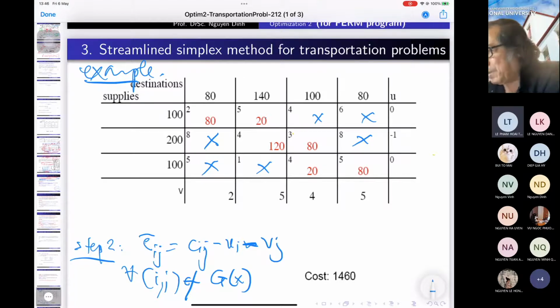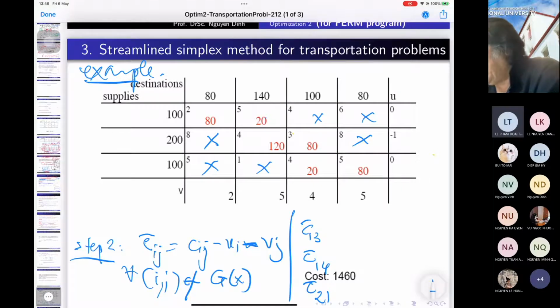So you need to calculate what? You need to calculate C bar 1,3, C bar 1,4, C bar 2,1, C bar 2,4, C bar 3,1, C bar 3,2.